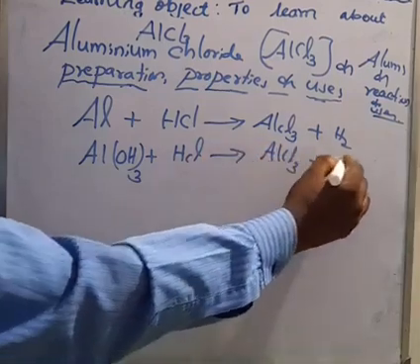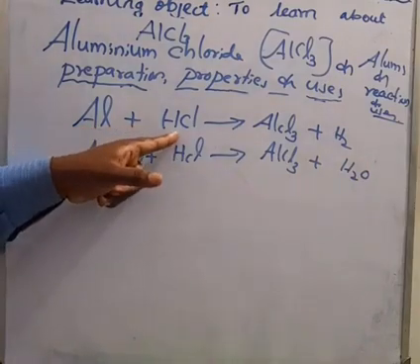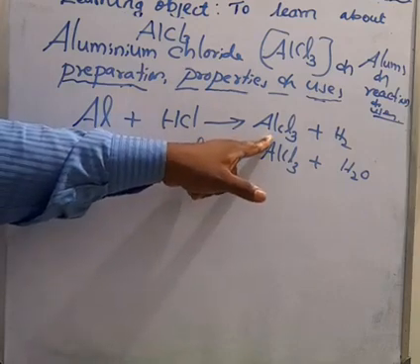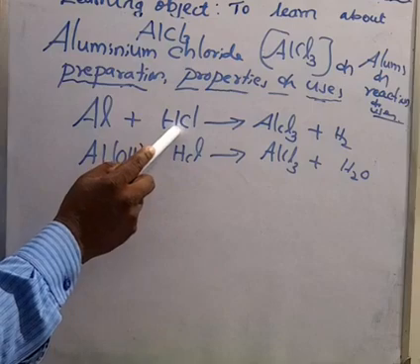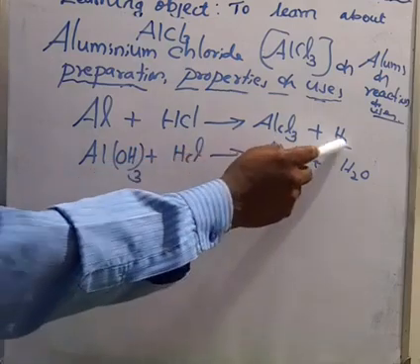First one, aluminium metal, that is Al, reacts with hydrochloric acid, we get AlCl3 and also hydrogen. You have to write the equation: aluminium plus HCl gives AlCl3 plus H2.